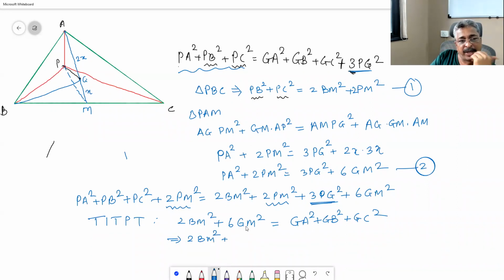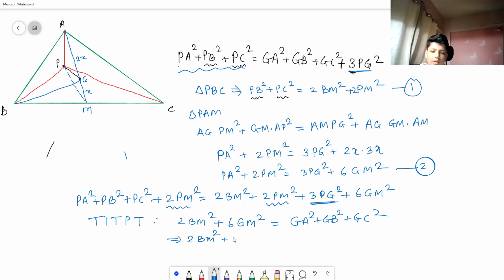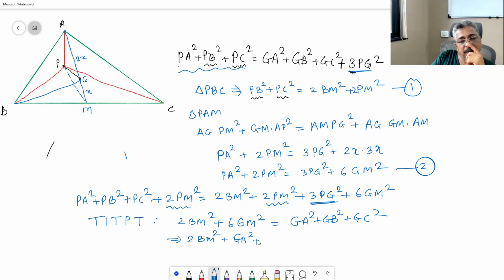Like GM is equal to x and AG is equal to 2x. So this was 6x square. It's 2x into 3x. GA square plus 2GM square. Is it okay?